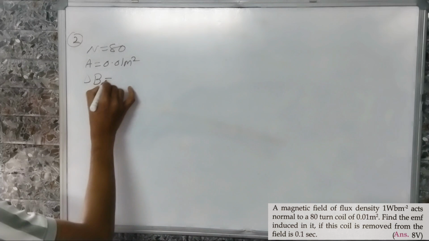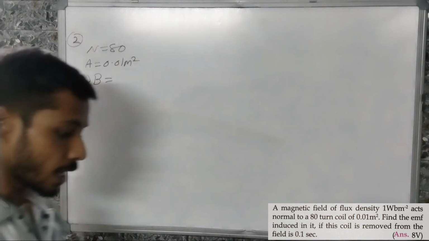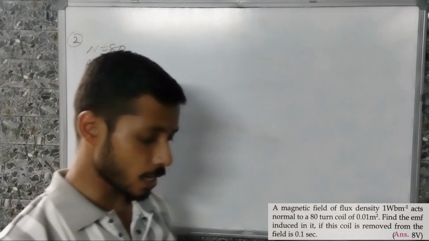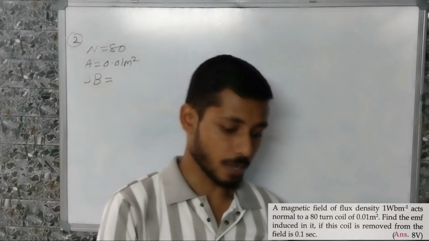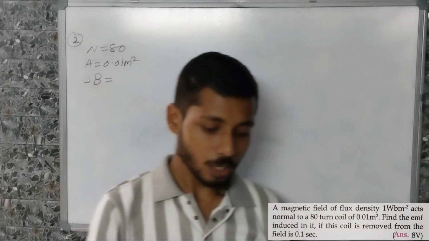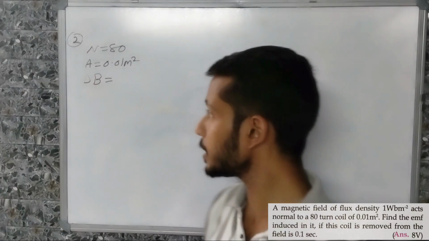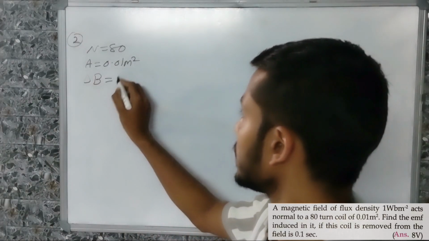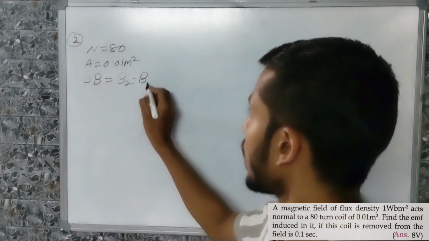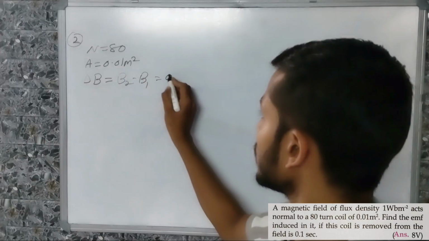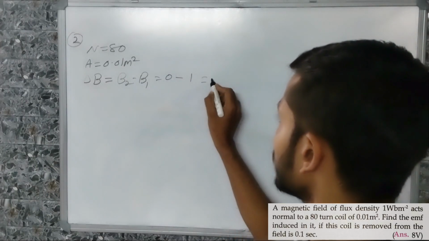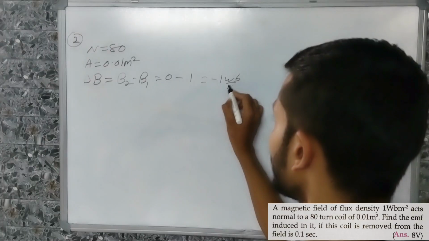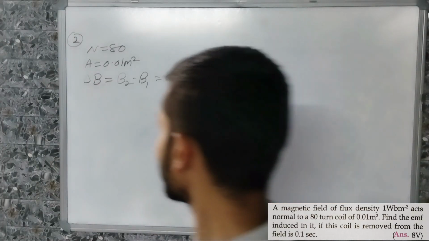चेंज इन मैग्नेटिक फील्ड चेंज हुआ है। पहले था 1 वेबर पर मीटर स्क्वायर, लेकिन उसके बाद वो मैग्नेटिक फील्ड रिमूव हुआ है। सो इसीलिए change in magnetic field is B2 minus B1, B2 is 0, B1 is 1 Weber per meter square, so means 1 Weber per meter square change in magnetic field.